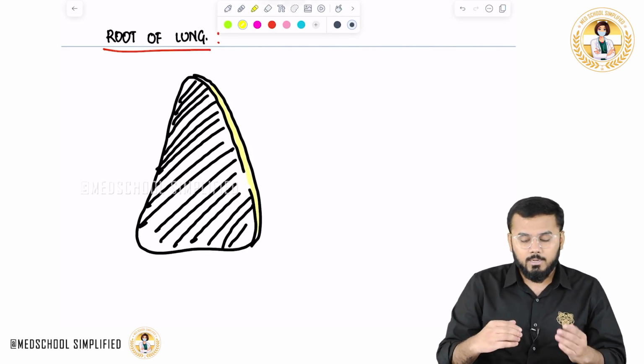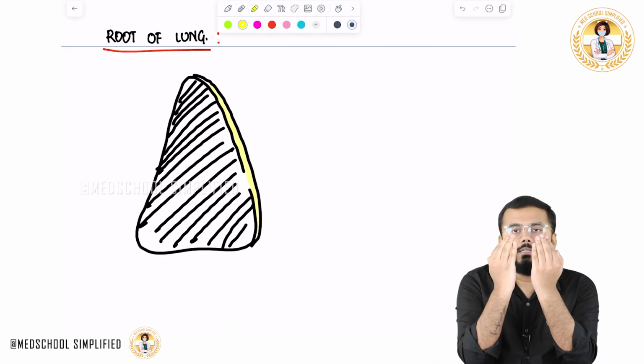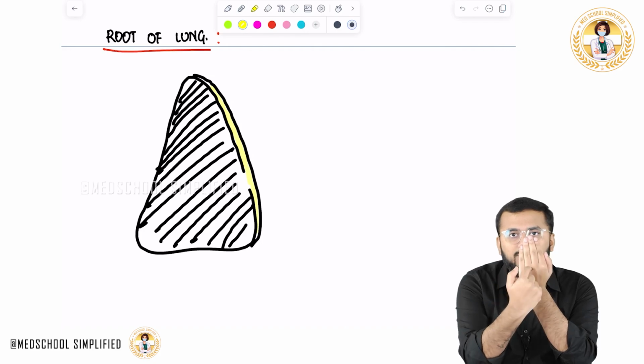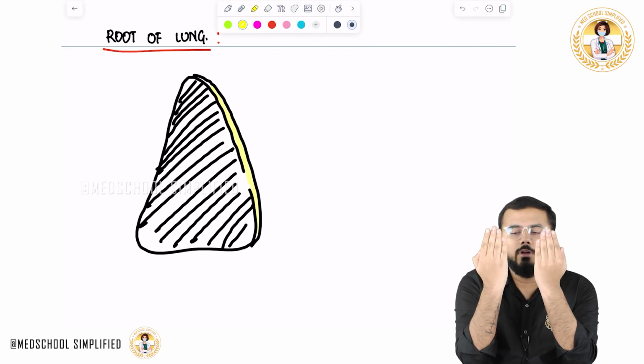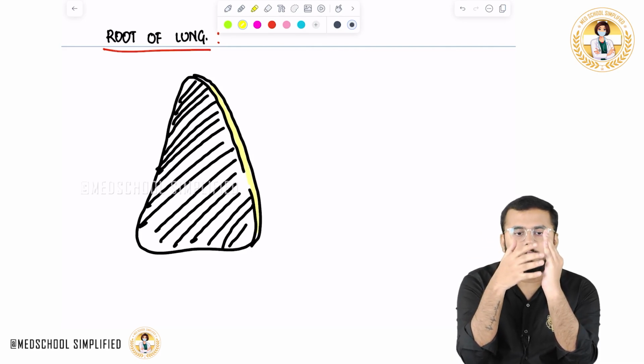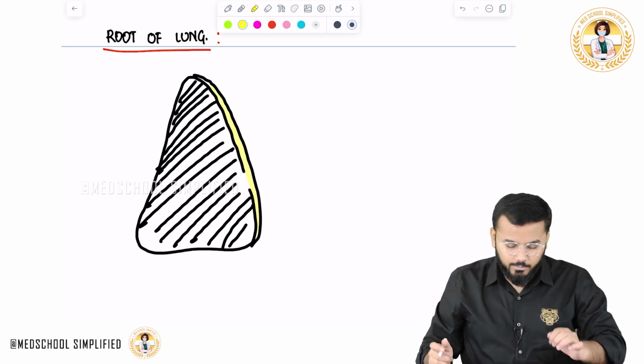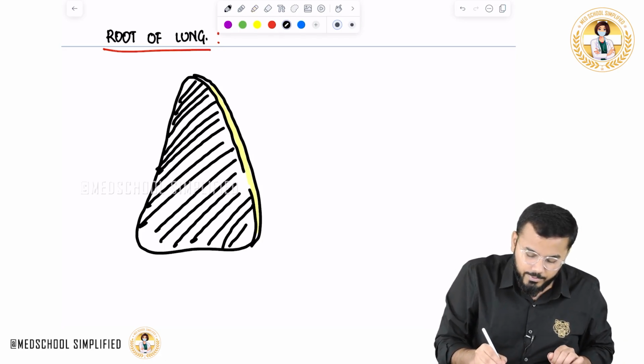If these are the lungs, this is the view you are looking at from the anterior side. Now I am slowly rotating the lung towards your side, and you are able to see this part.